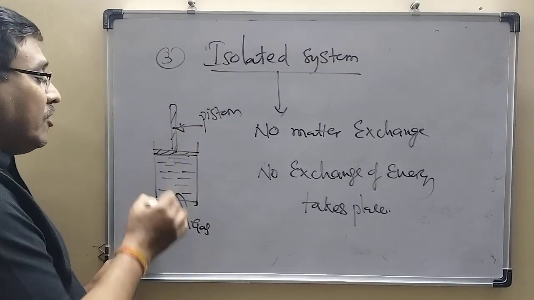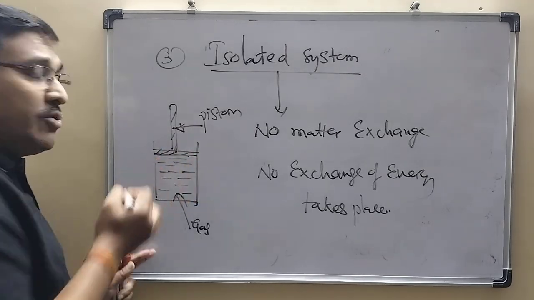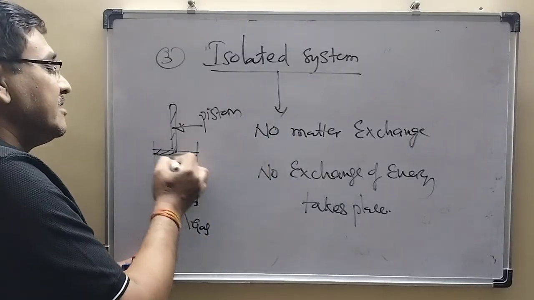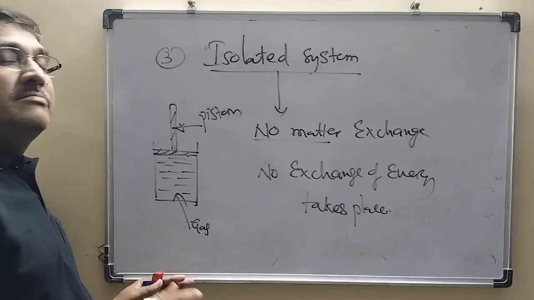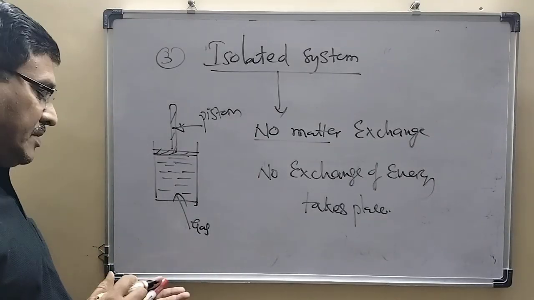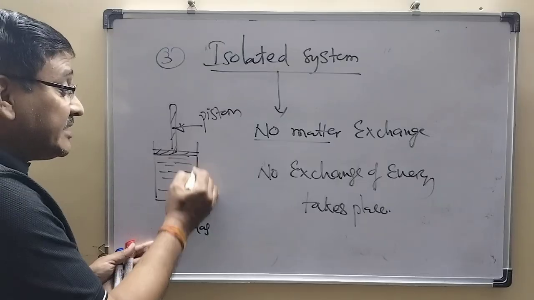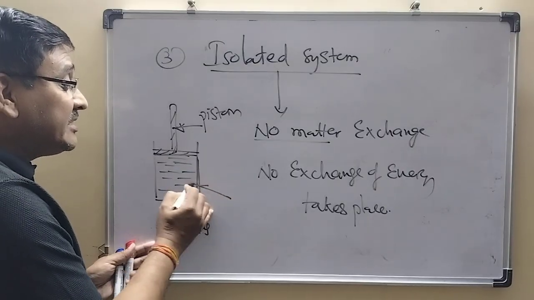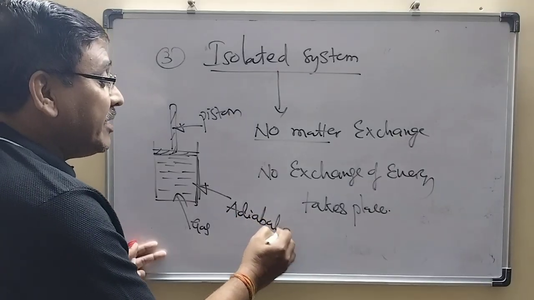So from this boundary, the entire gas is inside only. There is no matter exchange from these boundaries. So matter exchange is not possible. The second one is the energy exchange. Observe, this boundary is adiabatic in nature.